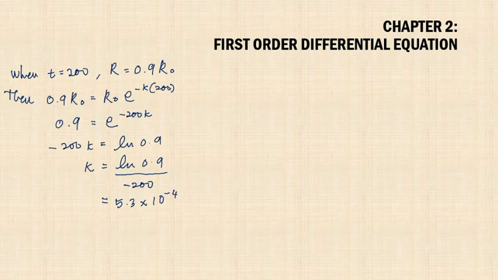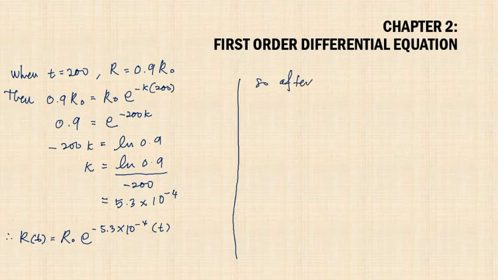So we have a particular solution for the radium, which is R of t equals R naught e to the power of negative 5.3 times 10 to the power of negative 4 t.